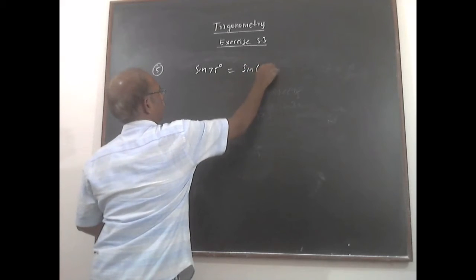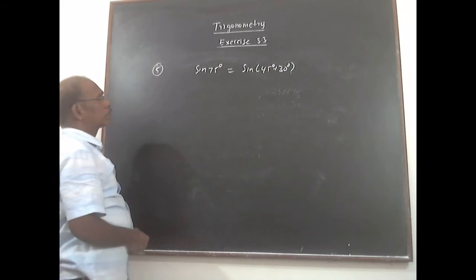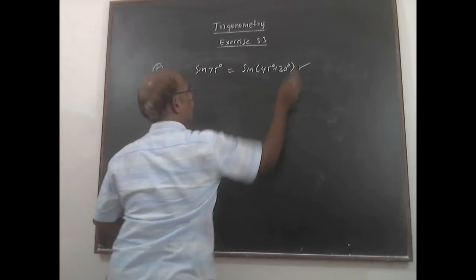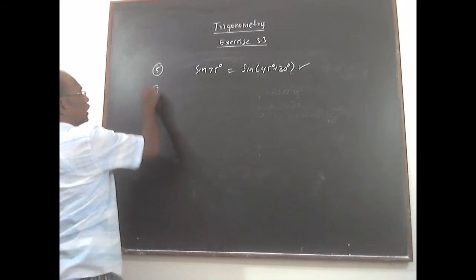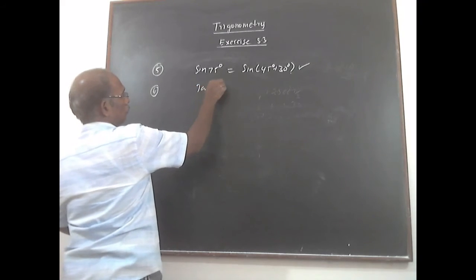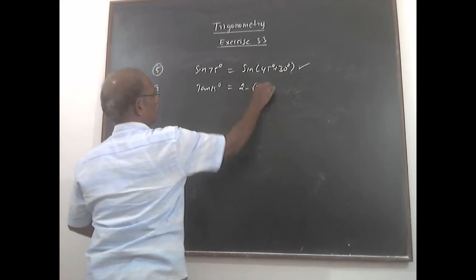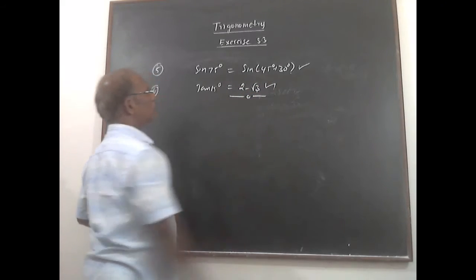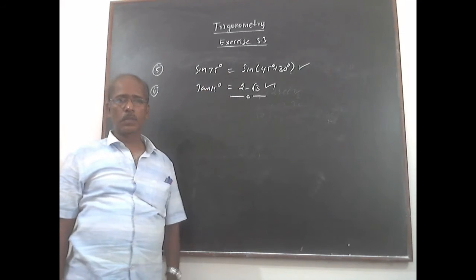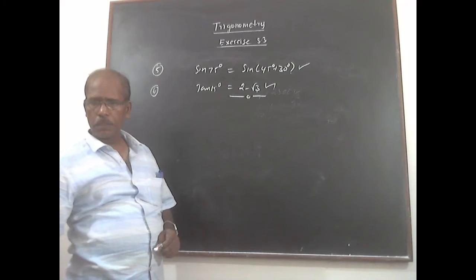Sine of 45 degrees plus 30. Let's expand it. We had already done this. And question number 6, tan 15, that also we have done already. What is the answer? 2 minus root 3. You can practice once again. Self practice. Okay.